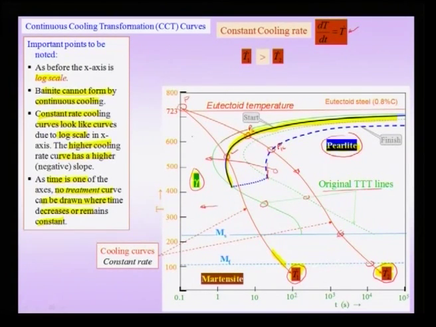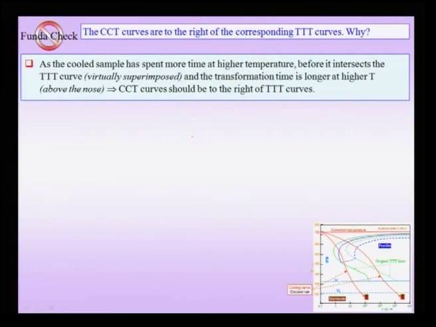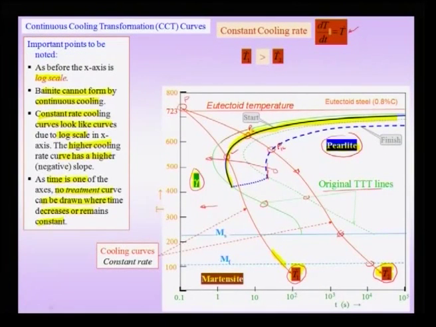When you look at these curves, you notice that the blue curve is shifted with respect to the green curve. So, we can ask this question: why are the CCT curves to the right of the corresponding TTT curves? That means, why does it take longer time to form pearlite when I compare these two curves, at this temperature here?